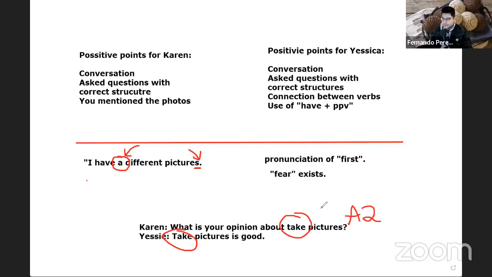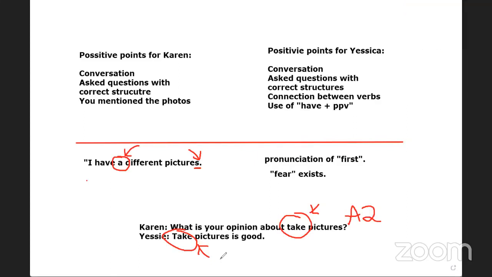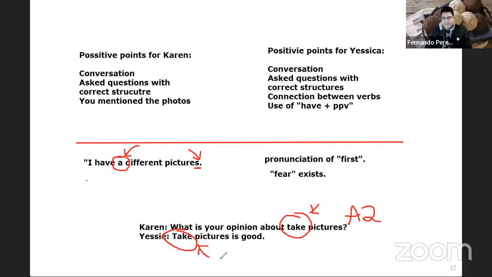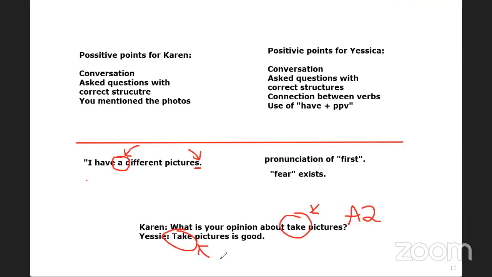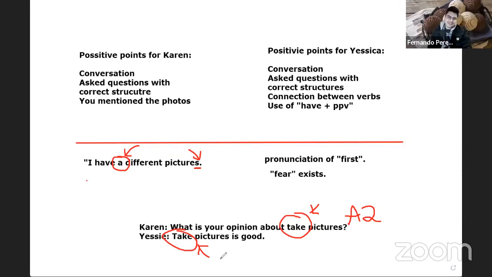If you understand the mistake here, you have positive points. If you commit the mistake and you don't realize it, you have negative points. So be careful. The correct answer is taking pictures is good. When the verb is not a verb, it's ing. I repeat, when the verb is not a verb, you need to say ing.